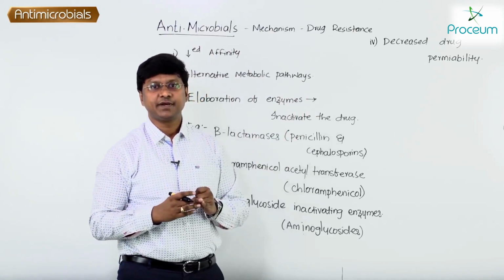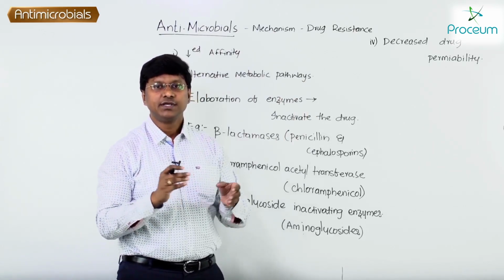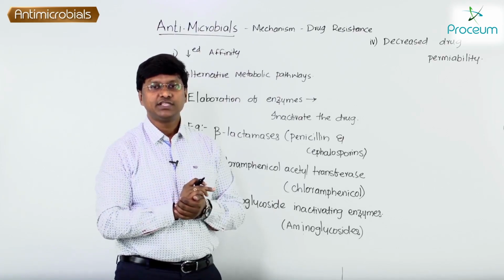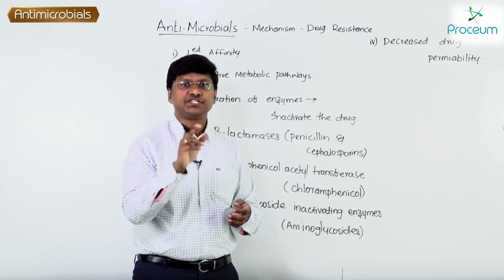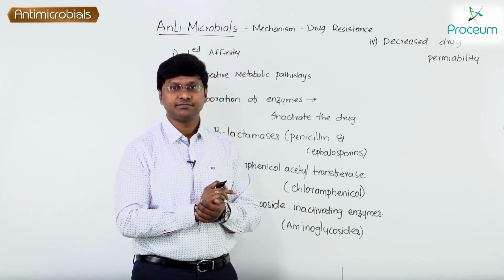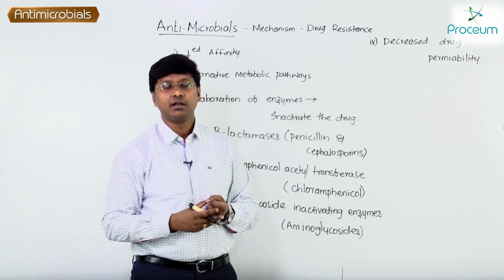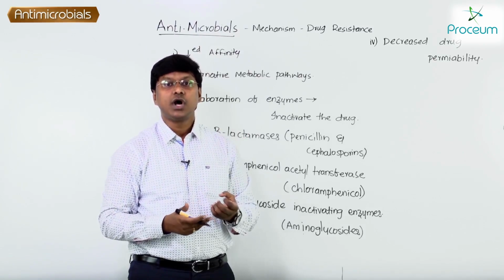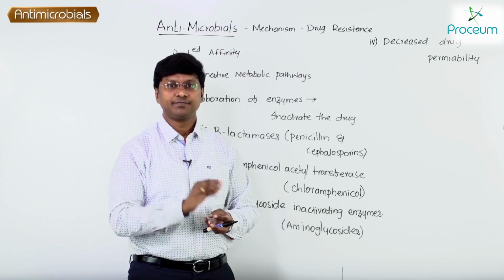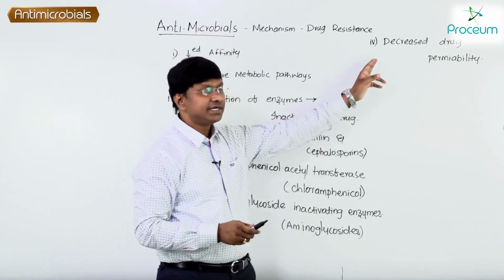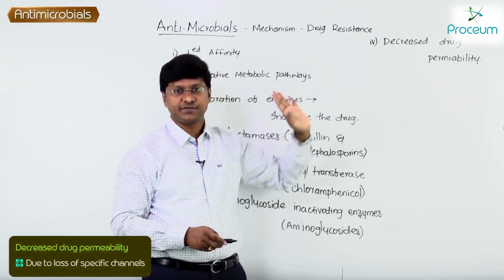This decreased drug permeability is due to loss of specific channels, right? There are specific channels within the cell wall of the bacteria. These specific channels will attract the drug or cause the transfer of the antibiotic. Now what is happening? There is decreased drug permeability due to loss of the specific channels.